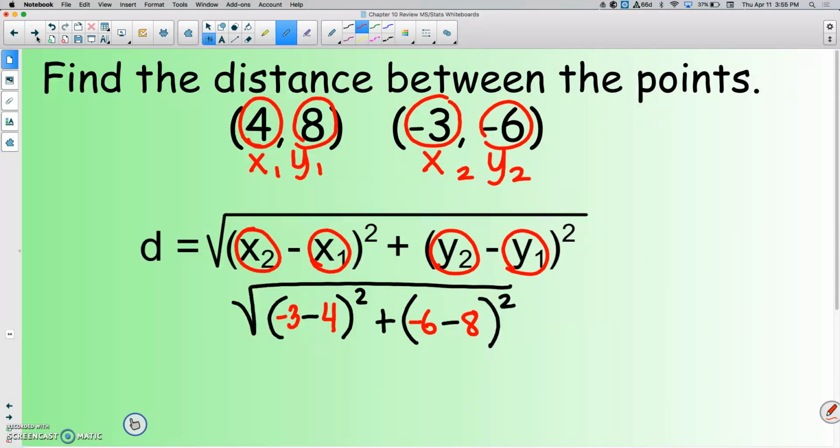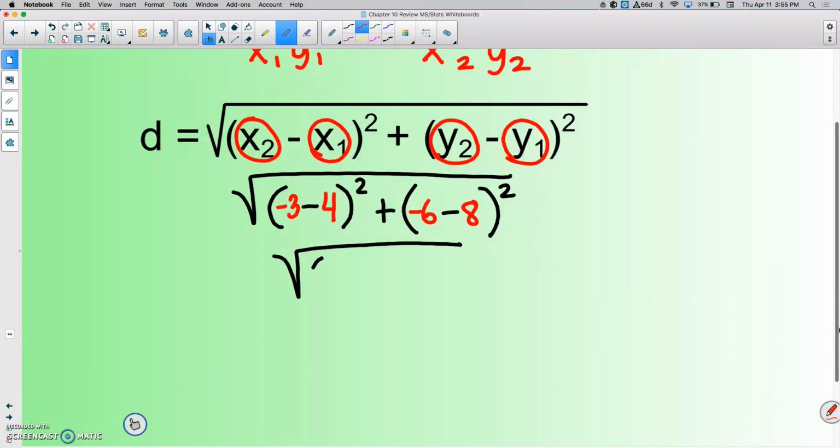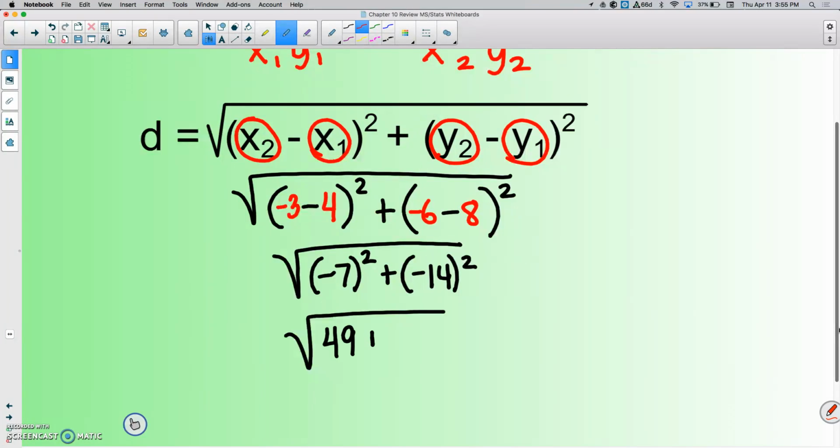Now it's just the order of operations that we need to use. So inside the parentheses, we need to work inside the parentheses. -3 minus 4 is -7, and -6 minus 8 is -14. After the parentheses comes exponents. -7 squared is +49. Remember, a negative times a negative is a positive.